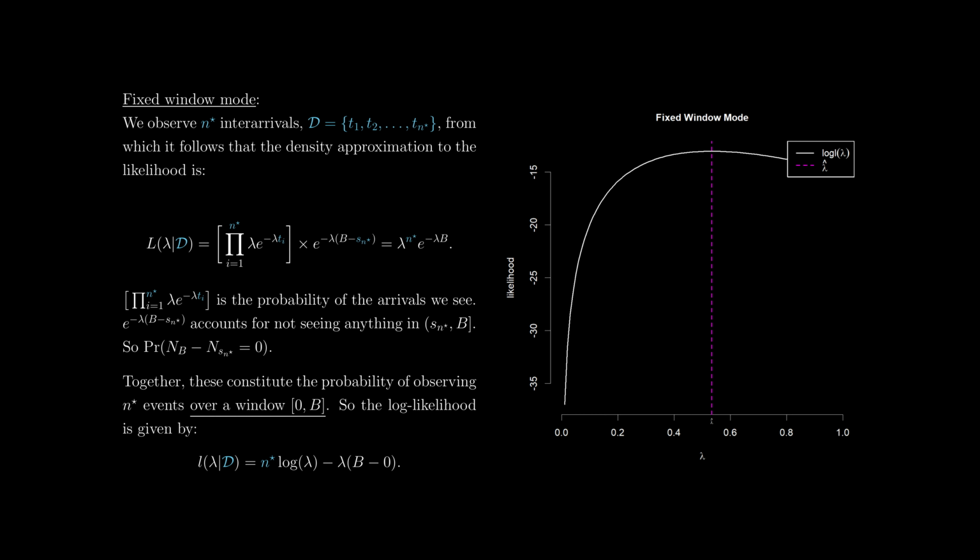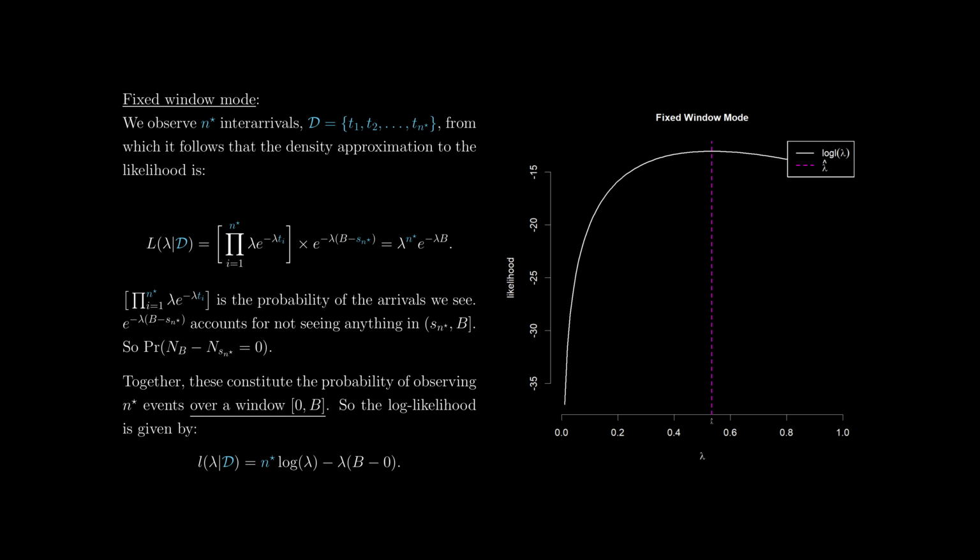But then we post-multiply it with an additional probability, which is just e to the minus lambda times (b minus S_n star), where S_n star is just the last arrival time in that window. Where this probability comes from is that it accounts for the fact that we don't see any observations in the window running from the last observation to the end of our window for which we observe the process.